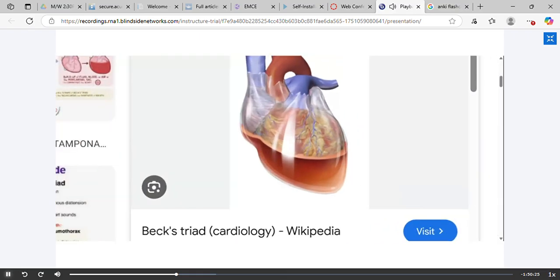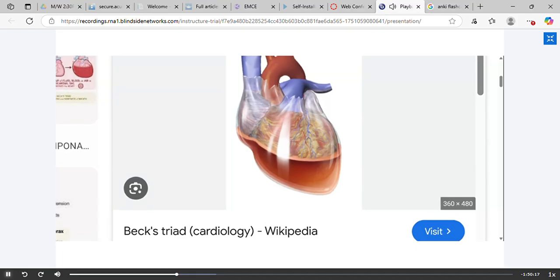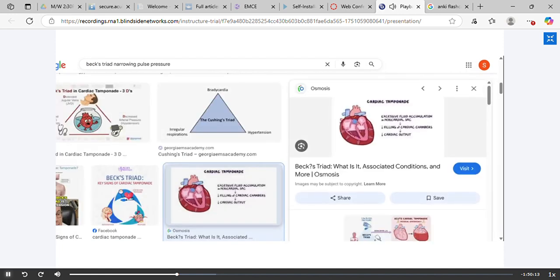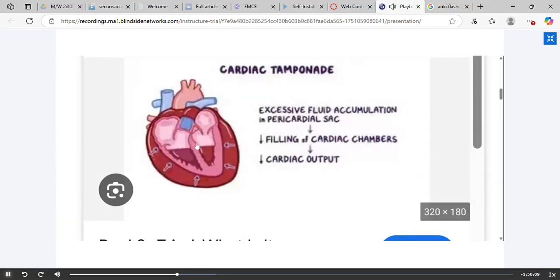And here's that pericardial sac, right? It's filling with volume. And so the heart inside cannot fill on its own. And when it doesn't have that preload, then it has that decreased cardiac output, right? Makes sense? All that compression around the heart.